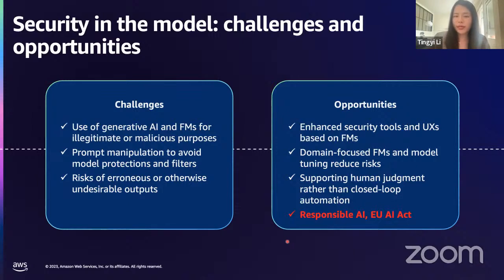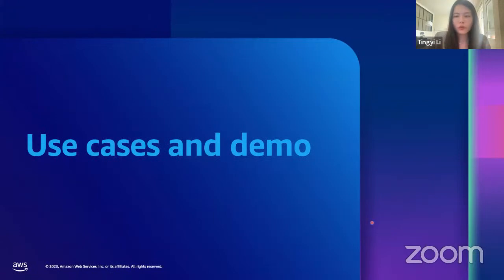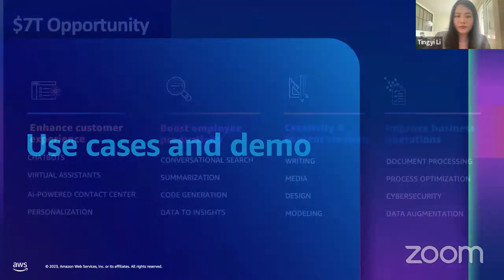But we are seeing more and more responsibility from different model vendors and generative AI companies. And from the EU side, we have the EU AI Act to try to regulate the industry a little bit. So it's catching up, but it's the whole community's responsibility to make sure that it's secure and in control.